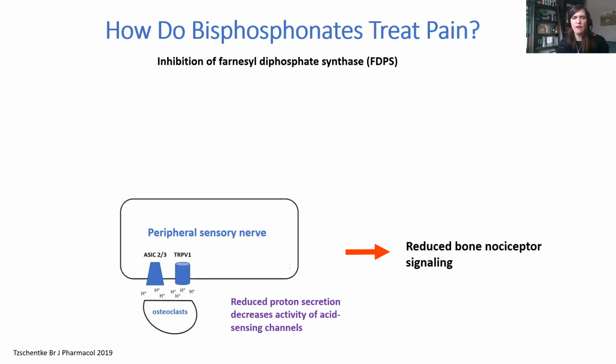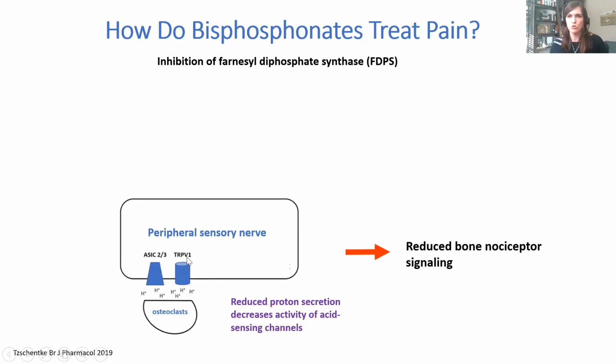So there's a fairly substantial body of preclinical evidence that bisphosphonates may be helpful for treatment of bone pain. And this seems to be related to bisphosphonates' inhibition of the enzyme farnesyl diphosphate synthase, or FDPS. FDPS is present in osteoclasts, and the reduced proton secretion in osteoclasts treated with bisphosphonates leads to decreased activity in the acid sensing channels in the peripheral sensory nerves.